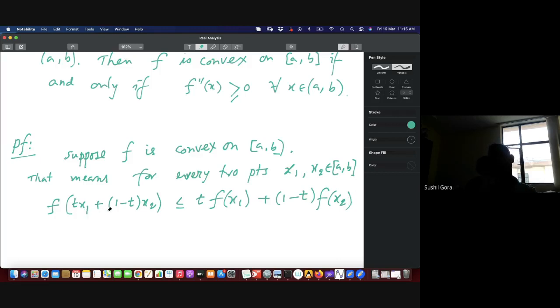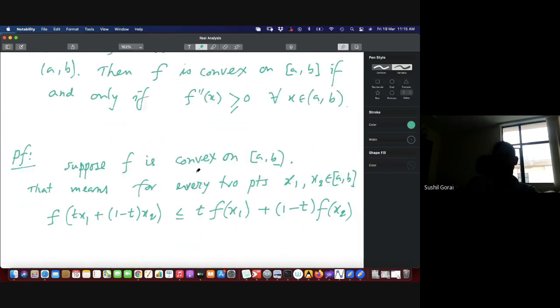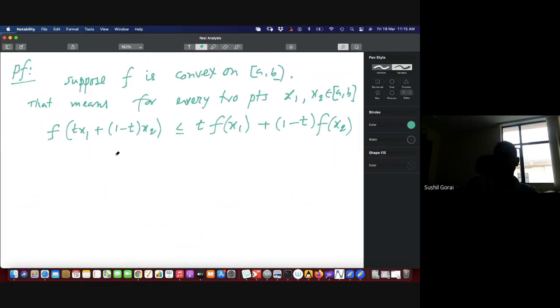So the value of the function is less than or equal to the value of the chord function at that point. So anyway, this is true.